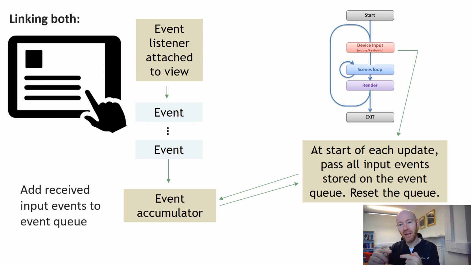So at the start of each update, we go to our accumulators, which have been storing any input as it's been coming in, and we say, give us the input that has occurred in the last 20th of a second. And that's the input that we use for that particular update. We do our update, we come back around again, and then we check our accumulators to see, do we have any other input that arrived when I was updating and drawing the last frame? And that process repeats.